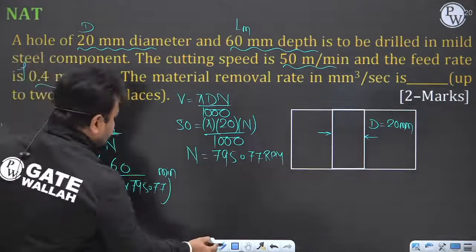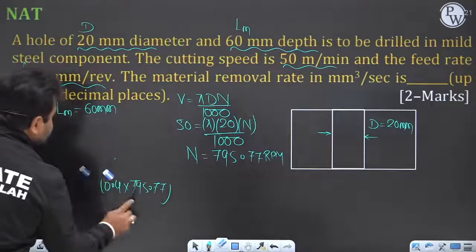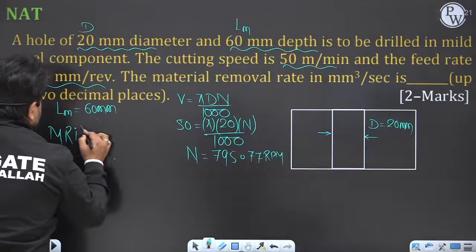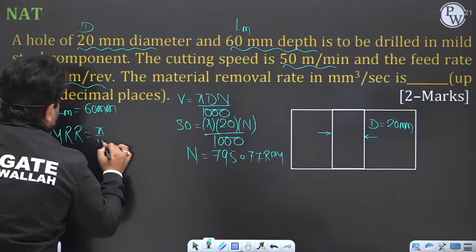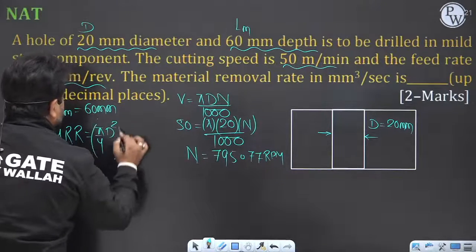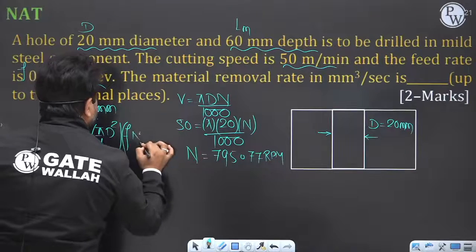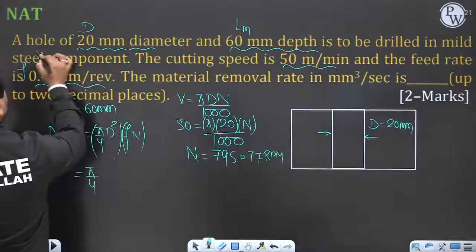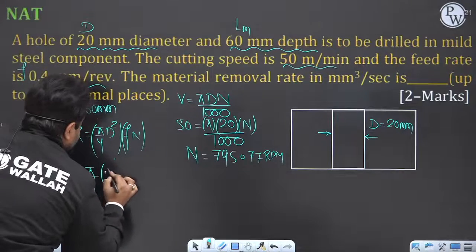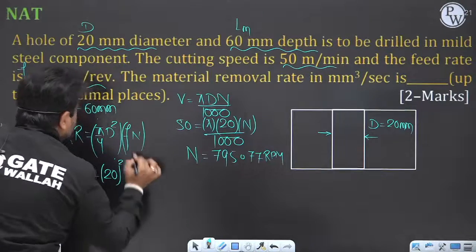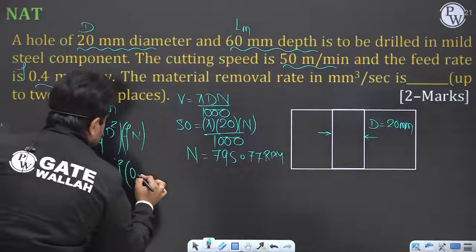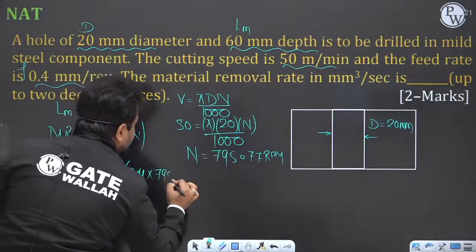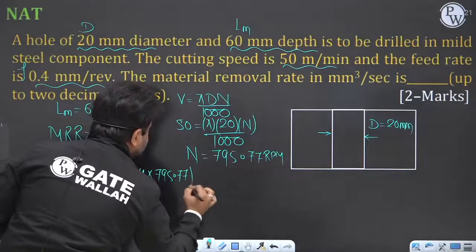But he is talking about not the machining time, sorry. He is talking about the material removal rate. So the material removal rate will be pi by 4 d square into f into n, right? So here pi by 4 d square, that is 20, into feed 0.4 into 795.77.